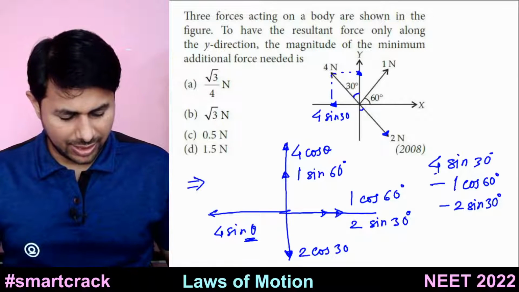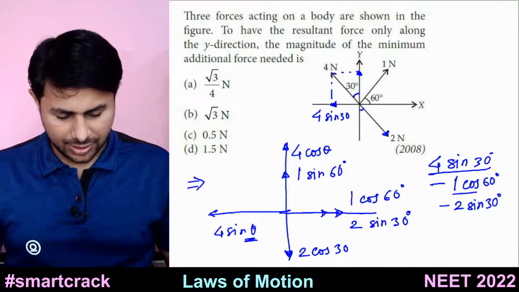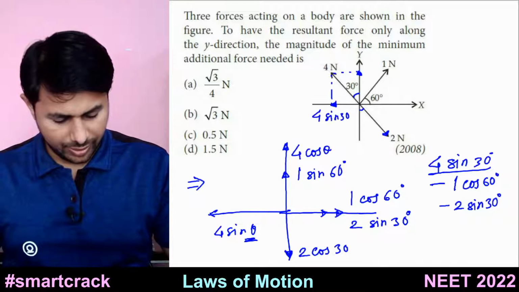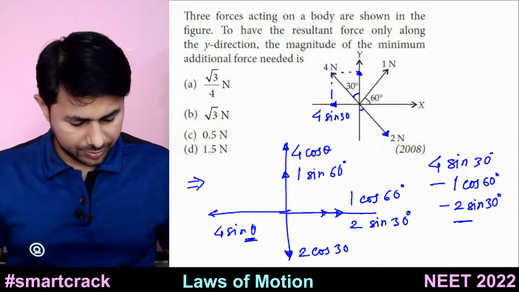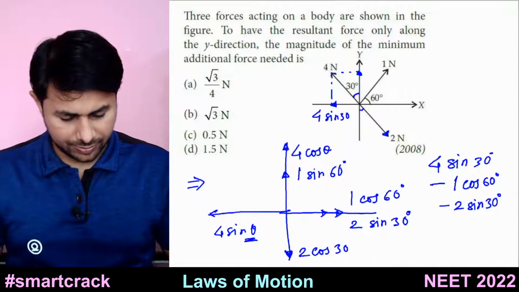So it is 4 times half, minus 1 times half, minus 2 times half.